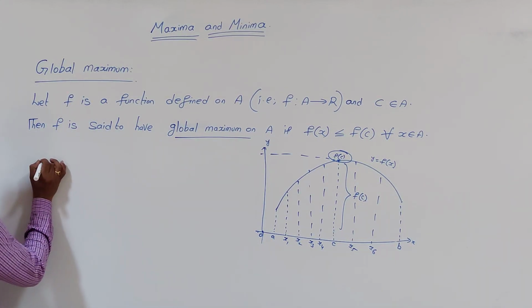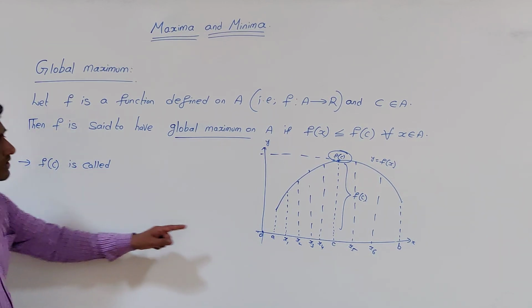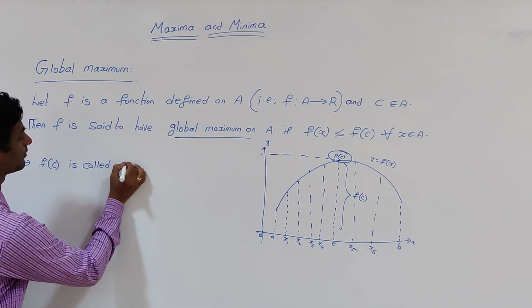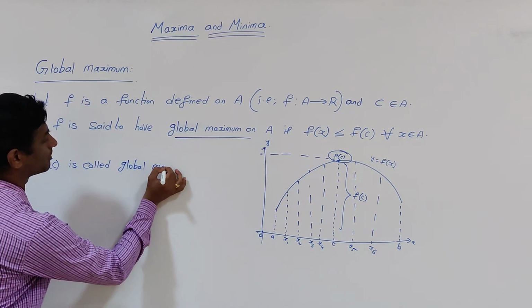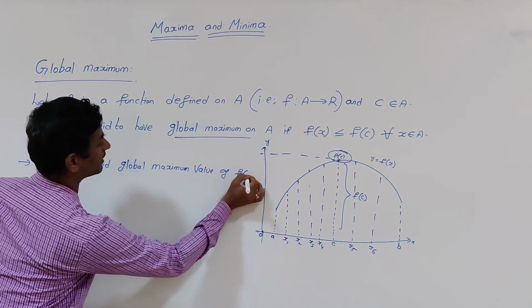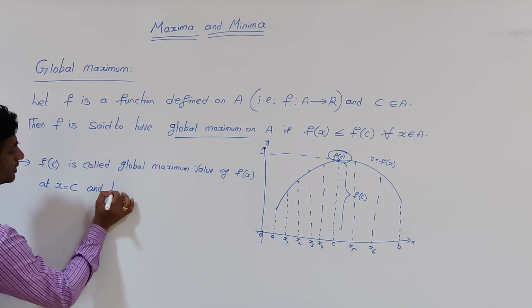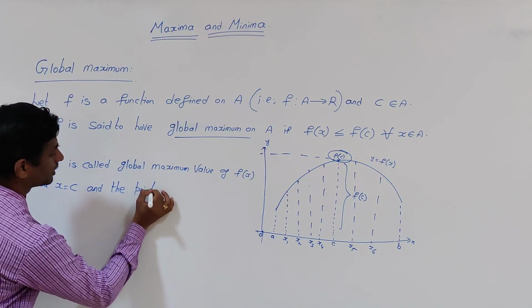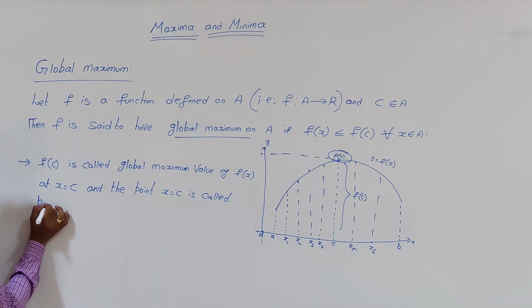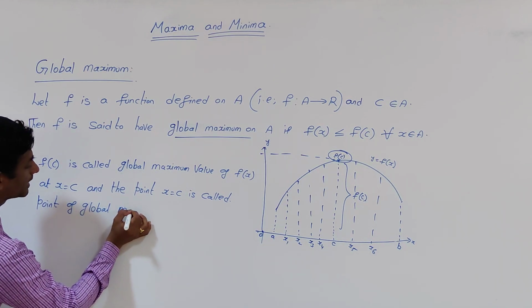So this f of c is called the global maximum value of f of x at x equal to c, and the point x equal to c is called the point of global maximum.